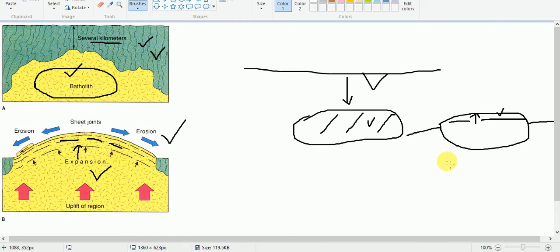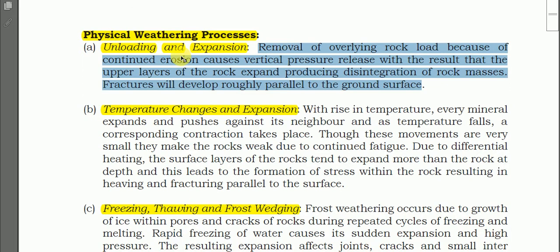This is what we call unloading and expansion. Because of the removal of the overlying rock, there will be release in pressure, and because of that the rock will be broken.